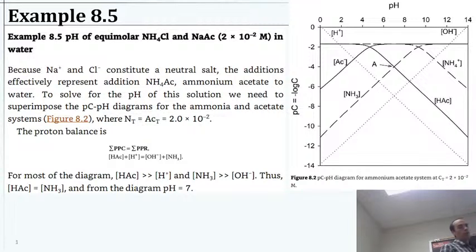Before I dive into this example, there are a few things we might be very interested in getting a handle on within a system, given that we can do what's called titration. One would be the total amount of some acid or base in solution, that A_T. A lot of times we're given that value, but if we can solve everything else about the problem, maybe we can solve for A_T given an experiment.